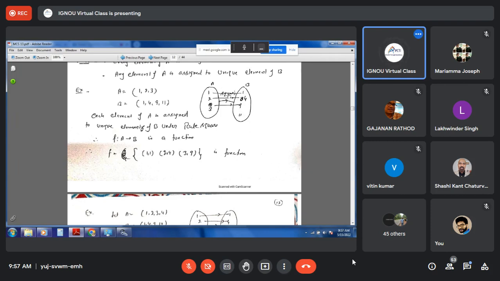It is 1. The rule was square. If we reverse it, how can we reverse the square? By taking the square root. Square root of 1 is 1, square root of 4 is 2, square root of 9 is 3. Agree? Okay.